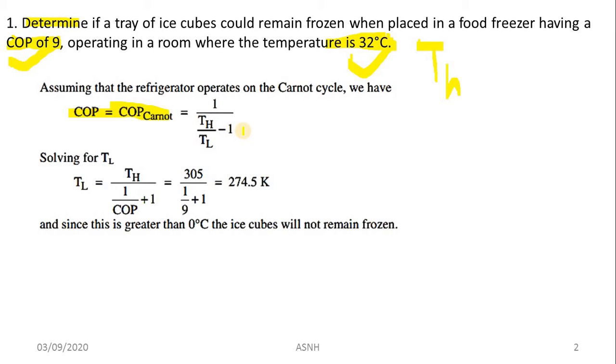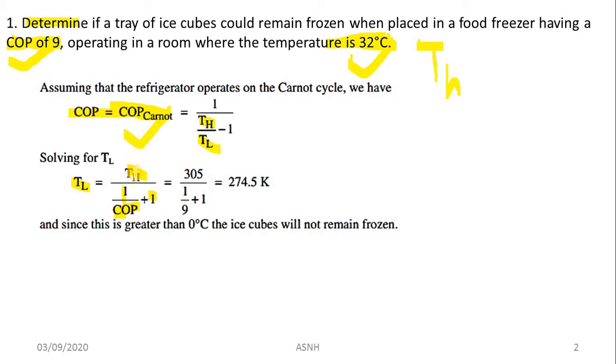This is just mathematical simplification; the formula is the same as earlier. The unknown parameter here is only the lowest temperature, because the Carnot COP is given and TH is also available. By rearranging the terms, TL is equal to TH upon 1 upon COP plus 1.